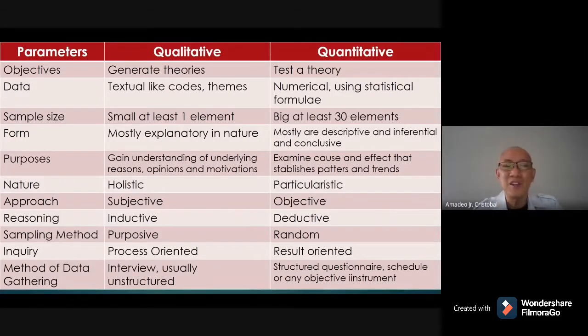The first one is objective. What is the objective of qualitative design, and what is the objective of quantitative design? You will see that the qualitative objective is to generate theories.